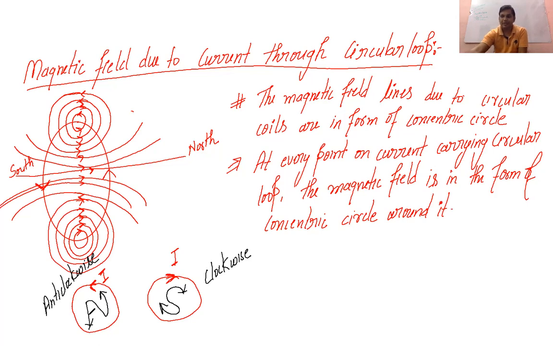ओके, तो अगर हम बात कर लेते हैं कि जो मैग्नेटिक फील्ड प्रोड्यूस किया जाता है एट द सेंटर पे, किन किन चीजों पे डिपेंड करता है, लेट्स सी इट.